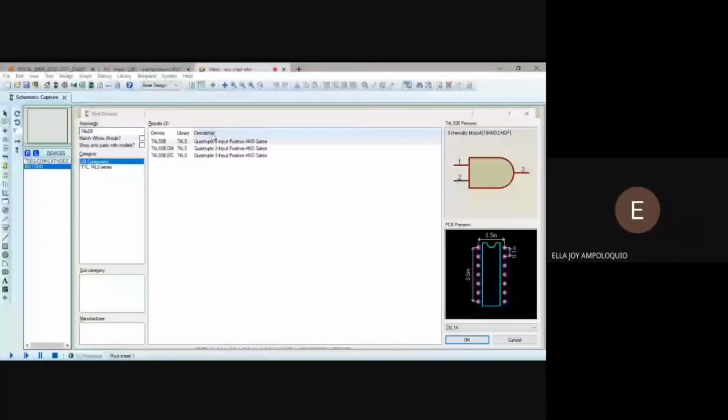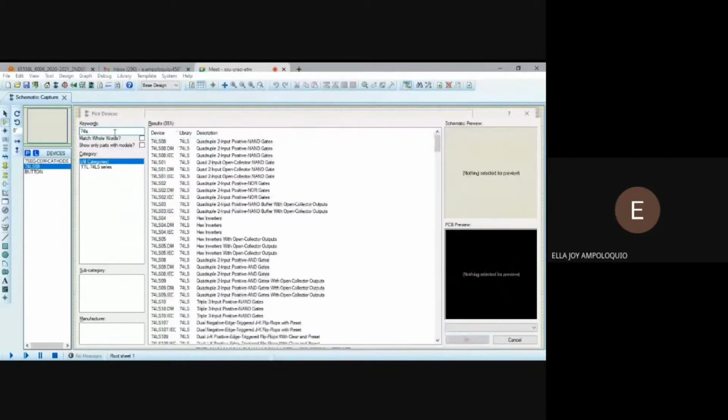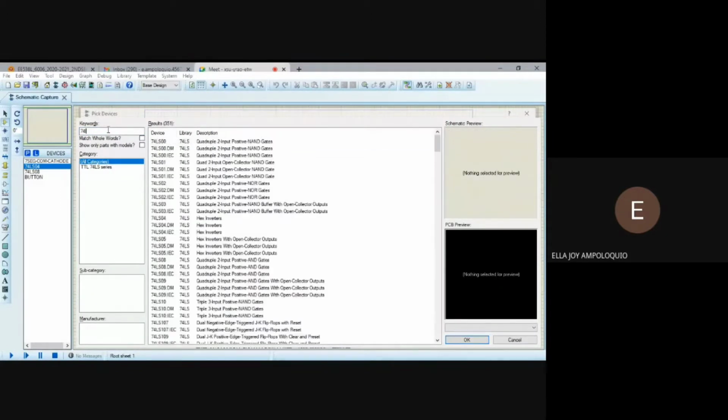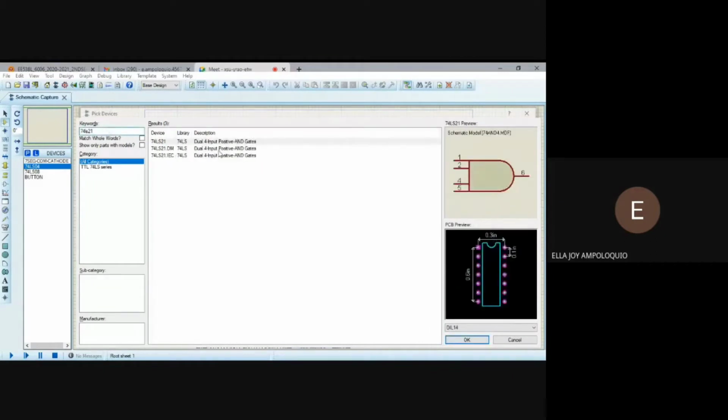And the 74 LS08. The 74 LS04 or the hex inverters. Then the 74 LS21 or the AND gates with 4 inputs.